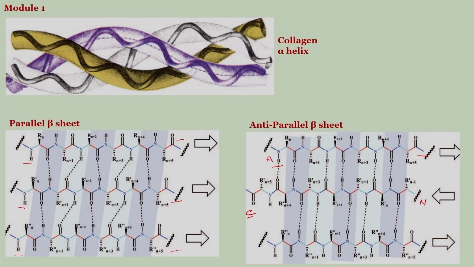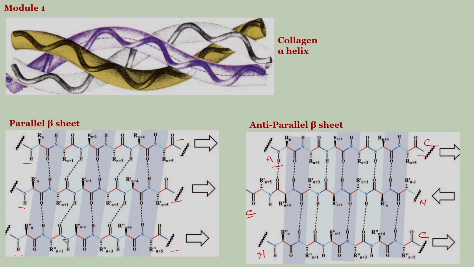This is N, this is C, again this is N and this is C. So it goes this way, this one is anti-parallel, this one is again parallel. So these two are anti-parallel, these two are anti-parallel, and that makes this kind of orientation. One of the amino acids is out, cannot form the hydrogen bond, the others are forming the hydrogen bond in this fashion. This one is also not forming. This also makes a flat structure. So mainly two kinds of secondary structures.